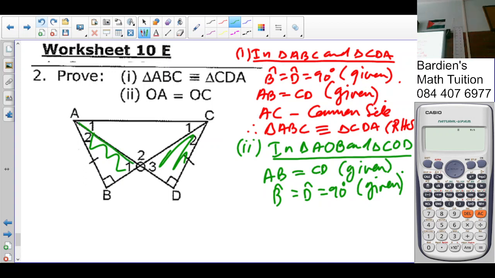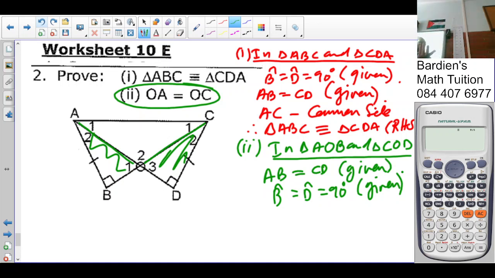AO. But isn't that what they're asking us to prove? Or you should ask yourself, what is the reason that you're telling me AO is equal to OC? What's the reason? Do you have a reason?